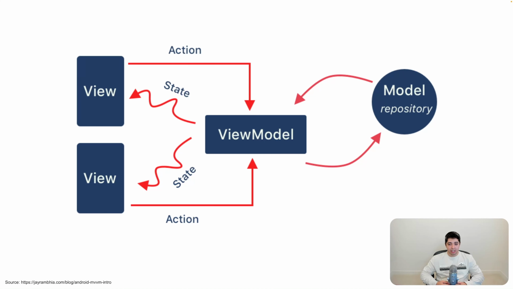If it's Compose, then automatically Compose will re-render just the item that was changed. Or if we are using RecyclerView, then DiffUtil is going to diff the previous and the current list and just update the items that were changed. That's the most important thing here: any changes that we want to show on the UI should be done through the state modification.